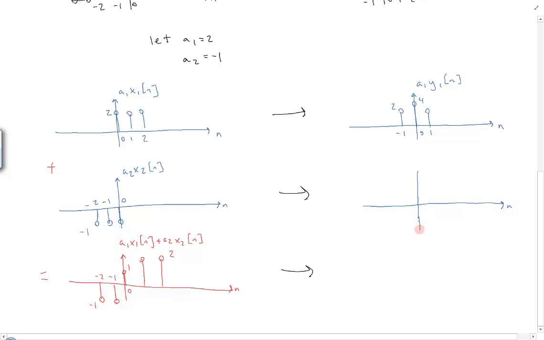Our next signal here, which is A2 Y2 of n, again, it still exists at the same n values, that hasn't changed, but it's going to be scaled by -1. So therefore it'll be at -2, -2, -1, and -1.